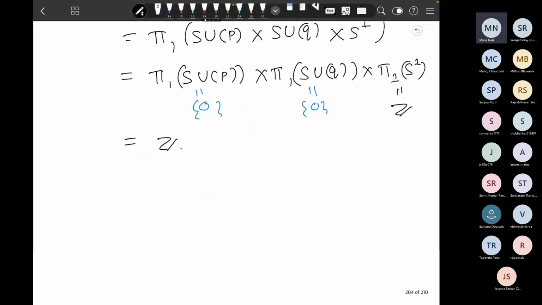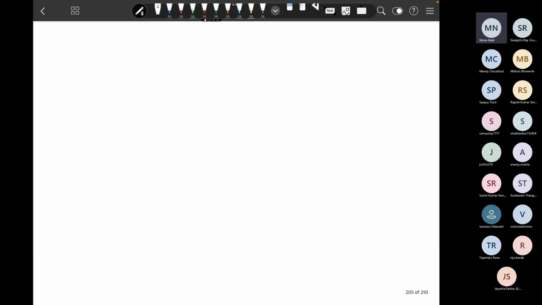Now the second thing is, let us take G equal to SO naught (p,q).